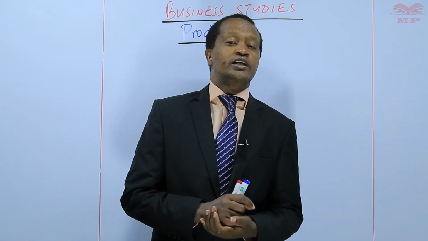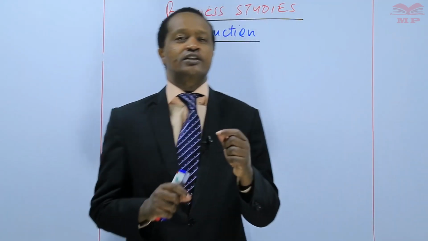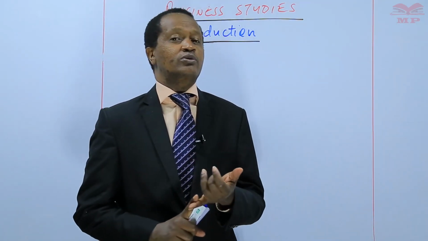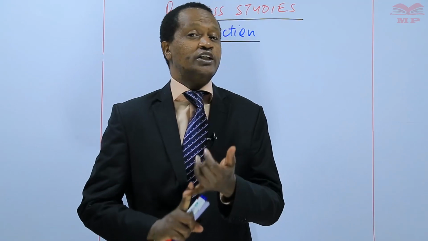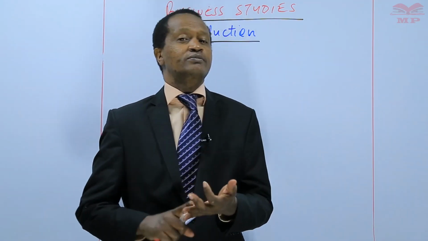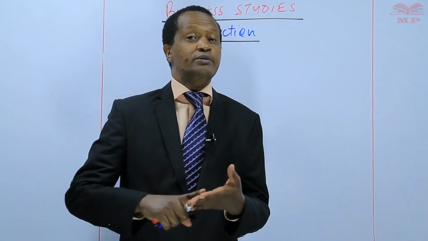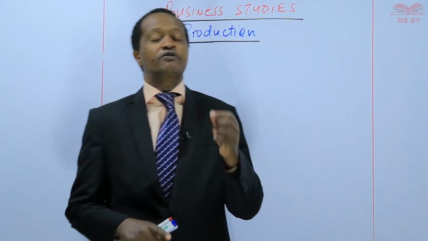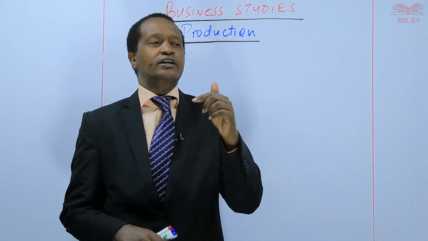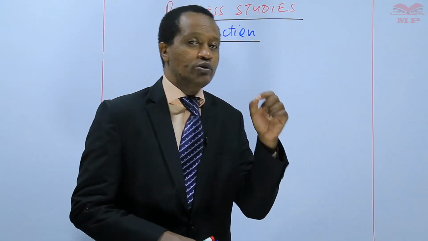And if you are keen enough learners during that lesson, you must have realized that form utility, which is one of the four types of utility that we mentioned, the other ones being time utility, possession utility, and place, the form utility is the most basic usefulness of a good.